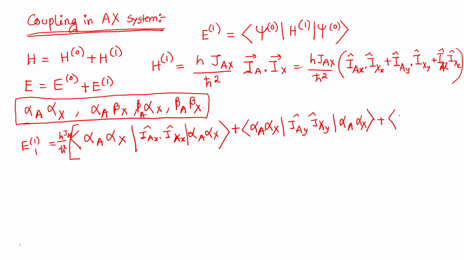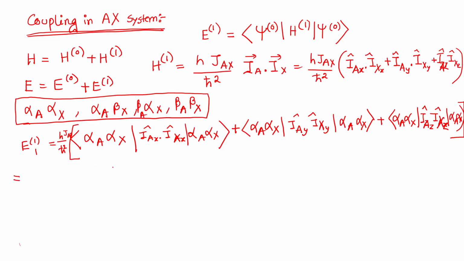Then we have alpha A, alpha X, I_AZ, I_XZ operating on alpha A, alpha X. Okay, and we can close the third bracket.